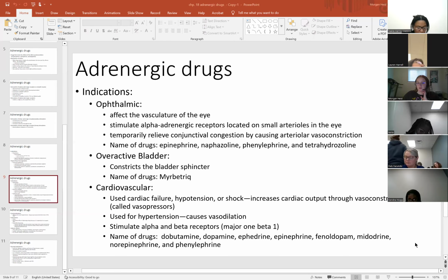The next one that we're going to do is overactive bladder. So if I have overactive bladder, I am urinating way too much, right? Urine's leaking out. So in order to fix this, remember what the sympathetic nervous system did with the urinary tract. It expanded the bladder wall so that we could have more urine fill the bladder.